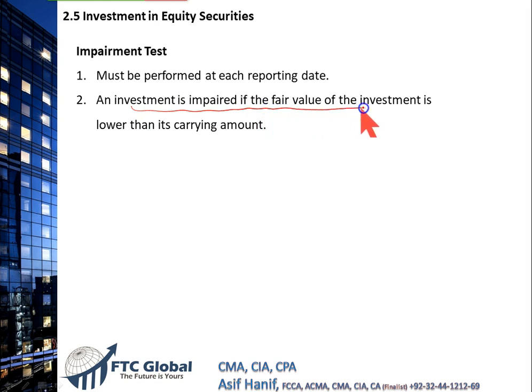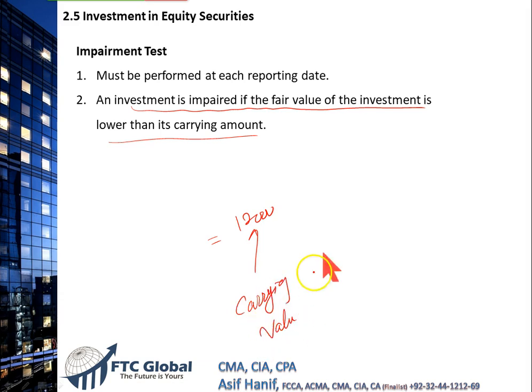Investment is impaired if the fair value of investment is lower than its carrying value. For example, if we are carrying an investment for $12,000, that's the carrying value, sometimes also called the book value. But its fair value, as you just go and sell it in the market, it just fetches you $9,000, or that is what it has been priced at in an arm's length transaction.